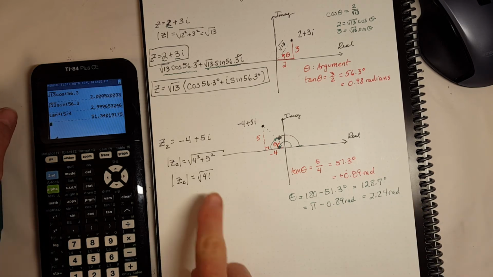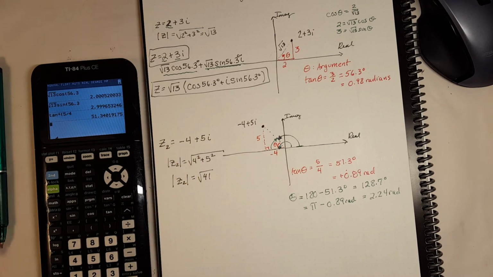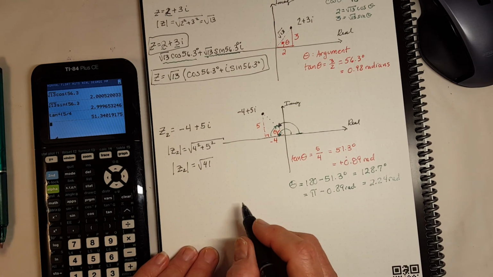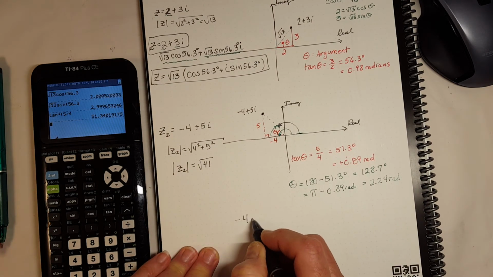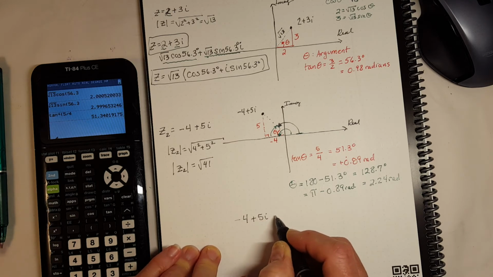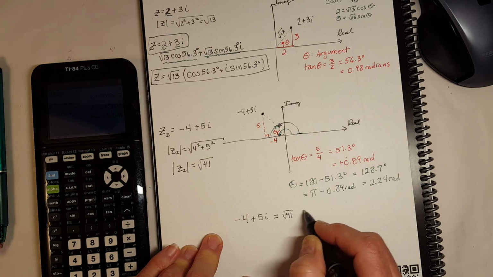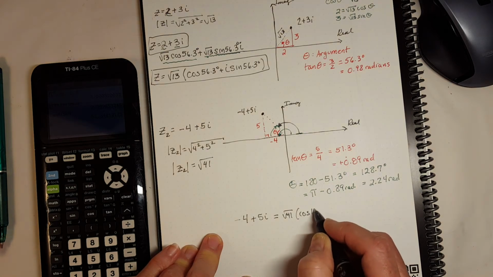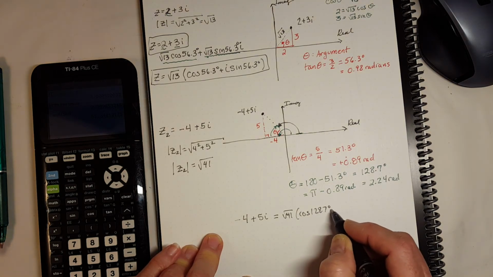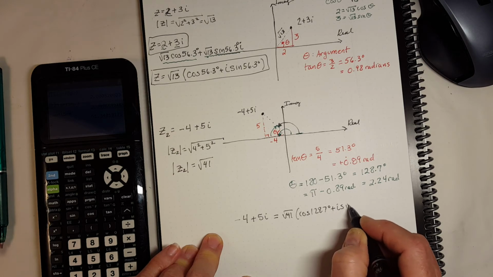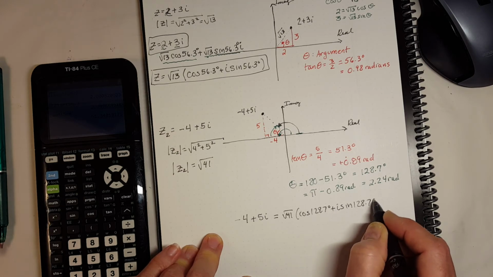And so now we can rewrite our rectangular form. We can say that negative 4 plus 5i is equal to the square root of 41 times the cosine of 128.7 degrees plus i sine 128.7 degrees.